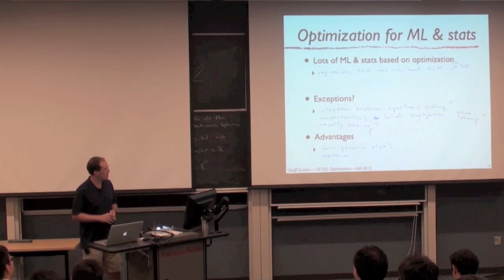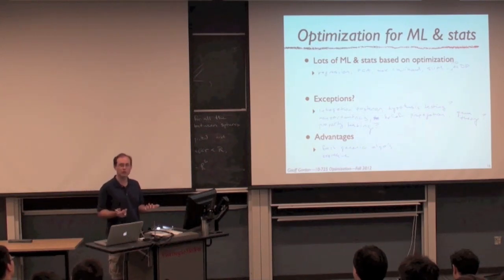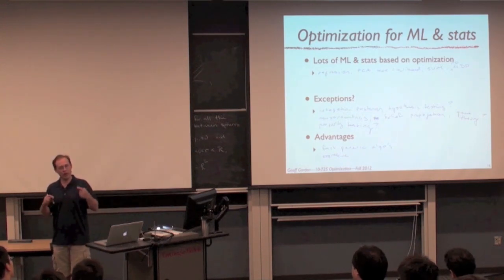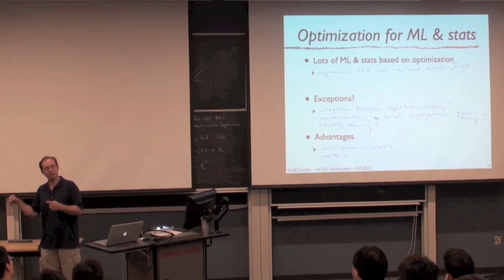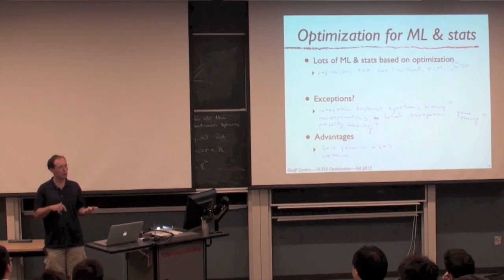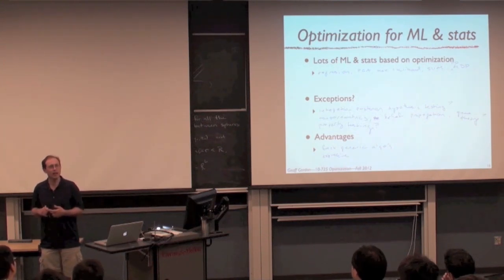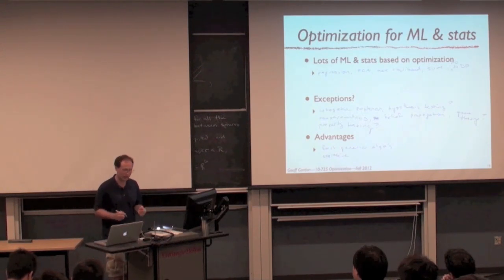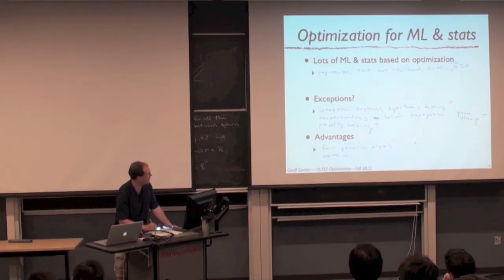There's also, from a machine learning and stats point of view, often a nice way to connect the optimization objective to the statistical performance of the solution that you get in the end. And so that licenses approximation algorithms as well as exact algorithms, right? So I'll just write that as: connect the objective to the statistics of the problem.